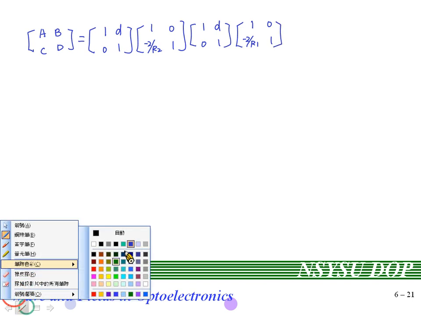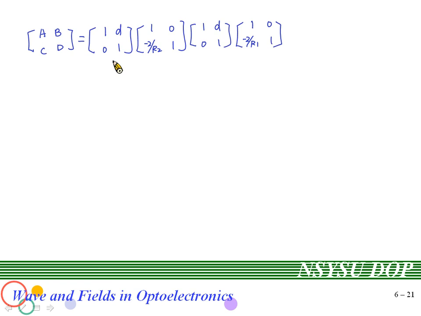According to the steps in the previous slide, this is the matrix of step 4, step 3, step 2, and step 1. You can easily find the multiplication of these four ABCD matrices. It can be written like this.